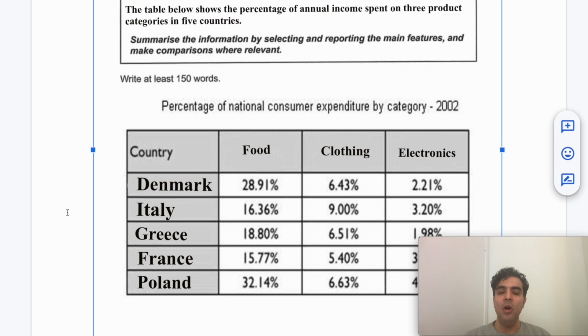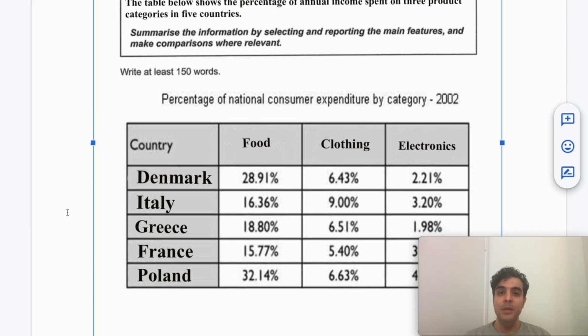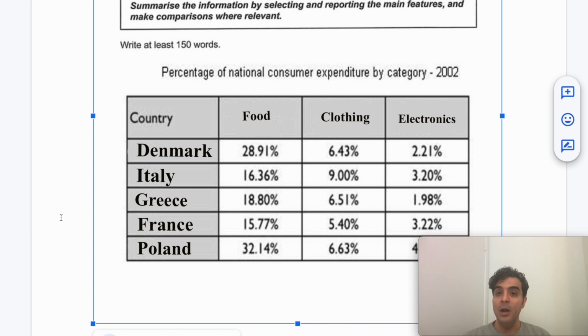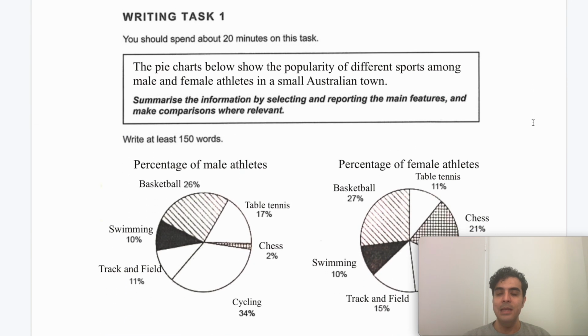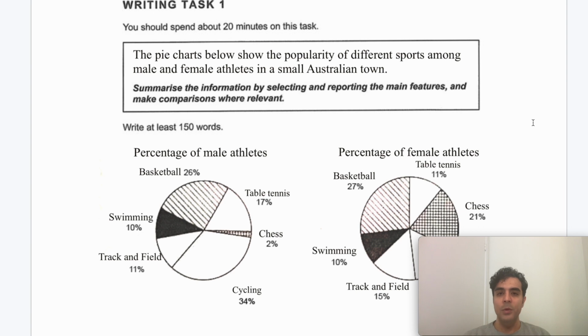Okay, so far we've covered 3. We have a few more types of chart to go. Let's take a look at this chart here, which is a pie chart. All right, so we have 2 pie charts actually, and this also reminds me to tell you that sometimes on the test we may have more than one type of chart together. We call these combination charts, and we're going to return to them.